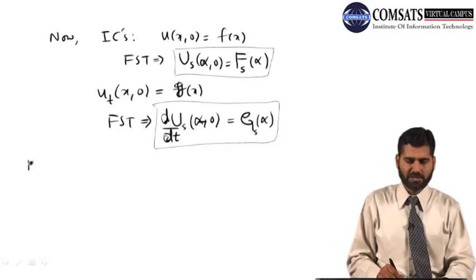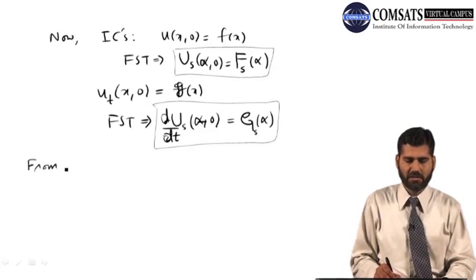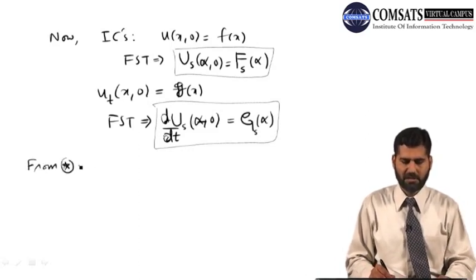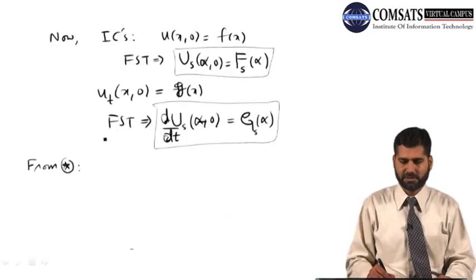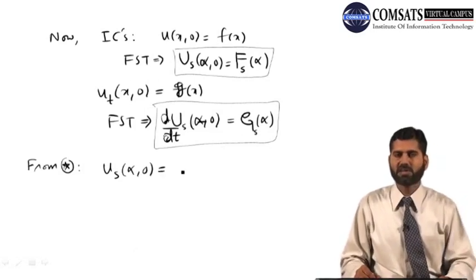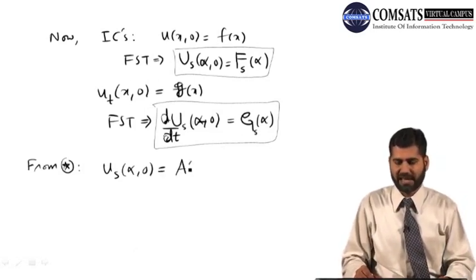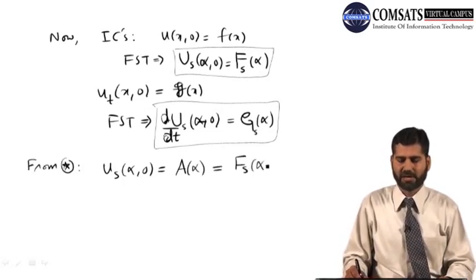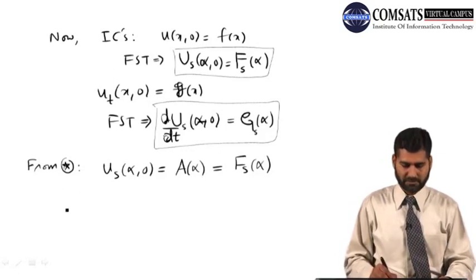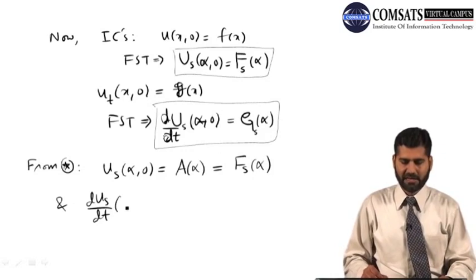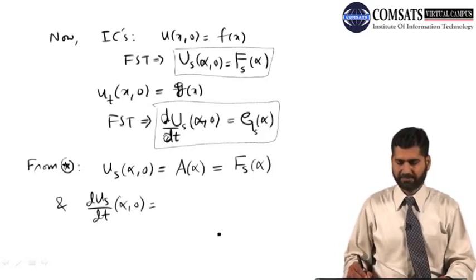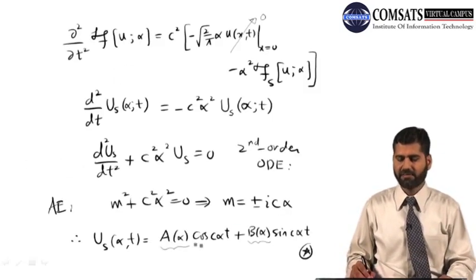Now from star, U_s at alpha, 0 is equal to cos 0 times A and sine 0 times B, so it is A(alpha). This will be equal to F_s(alpha). So I got one value. And dU_s/dt at alpha, 0: what is the derivative?